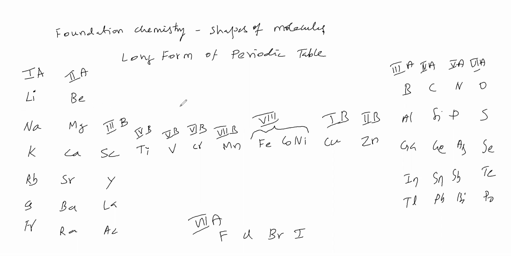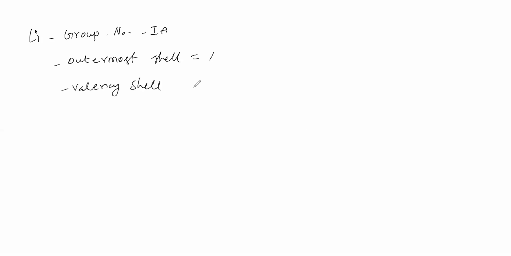Now, lithium has group number 1A, so its outermost shell contains 1 electron. The valence shell contains 1 electron.